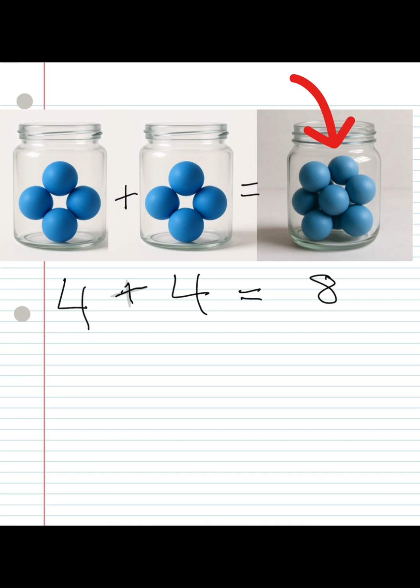So we have just written an equation to represent adding the total number of objects, and both sides equal the same value. So we have 2 jars of 4 objects, and if you combine those into a single jar, you have a jar of 8 objects. And that's all an equation is.